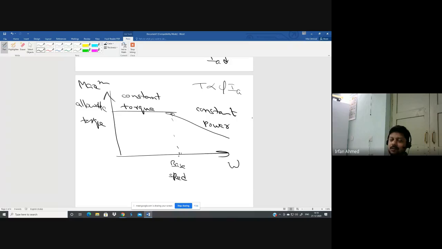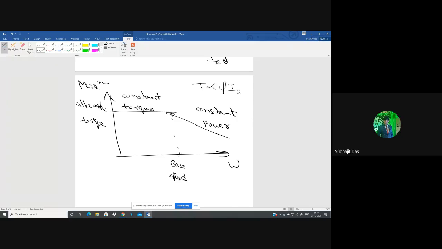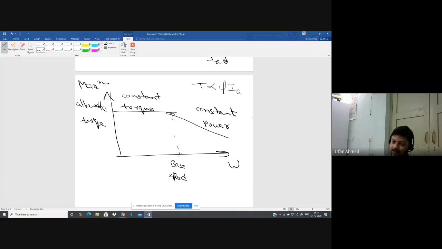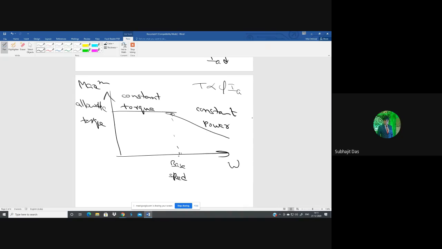How much can you decrease the flux? Suppose your rated flux is 100%. How much can you decrease it? Till where can you go? 1%, 2%, 3%, 5%, 50%, 70%? How low can you go? That is the question.